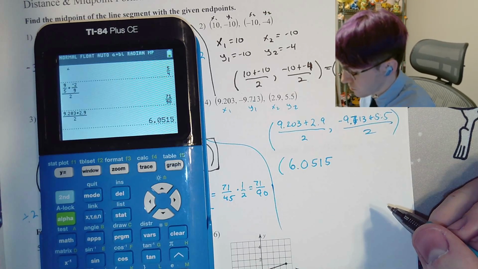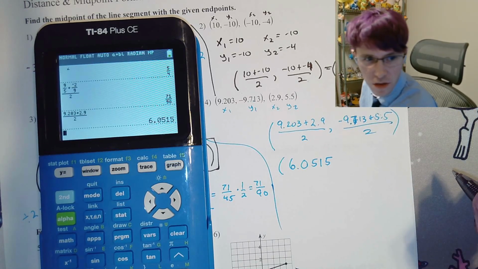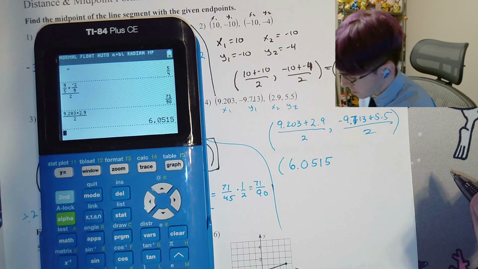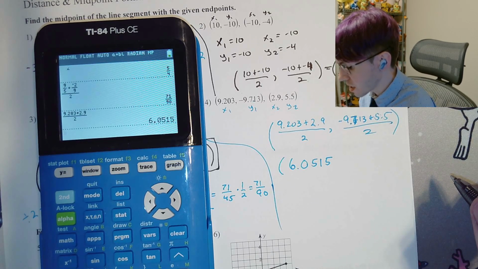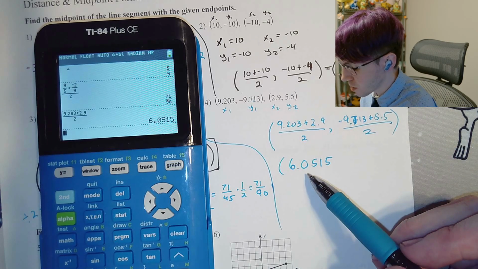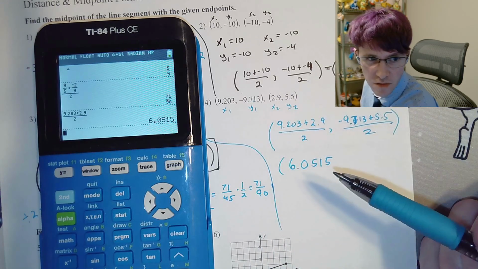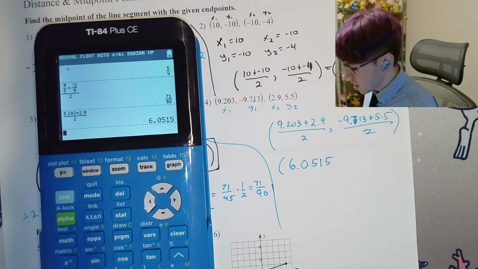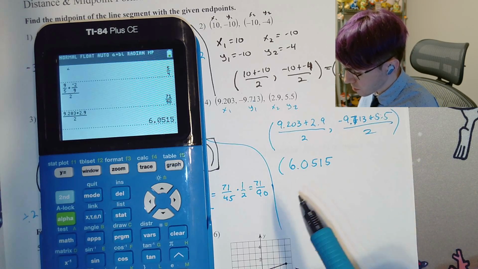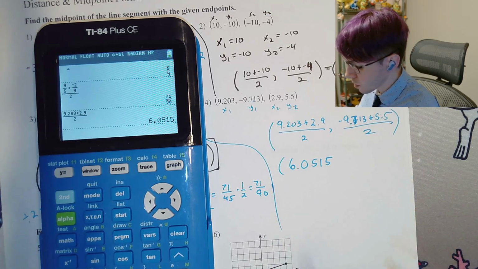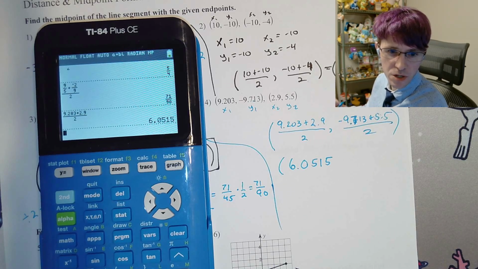You could also write 6.051 because you can just chop off the end of the number in AP Calc. And if you're trying to do something for a science class, you want to do significant figures, you'd actually write 6.1 because you only have 2 significant figures here. So just a note, that's acceptable. You could have done 6.051, 6.052, or just 6.1 if you're doing your scientific significant digits rule.